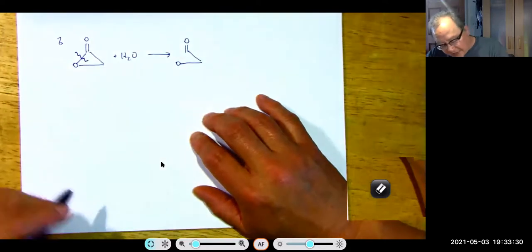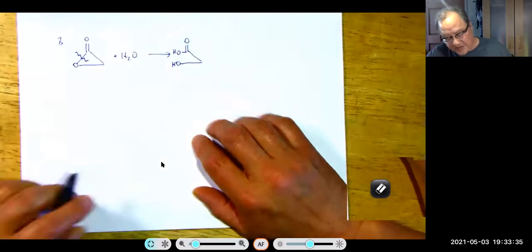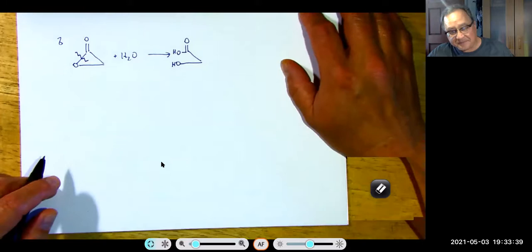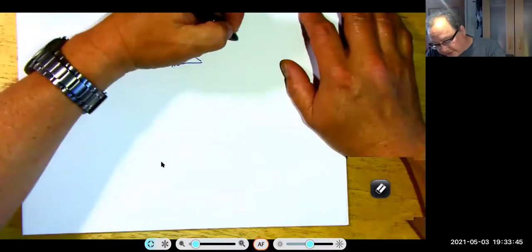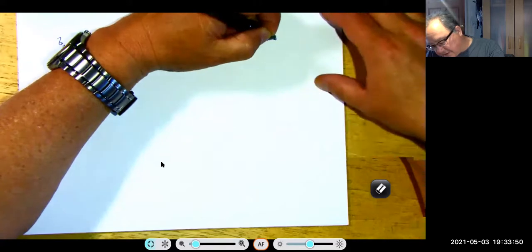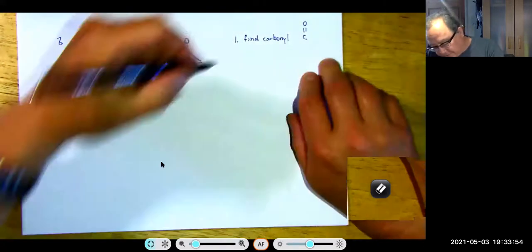And we always add an OH to the carbonyl and an H to the oxygen. And here's how you break it. So first thing you do is find the carbonyl. The carbonyl is the carbon double bonded to the oxygen.